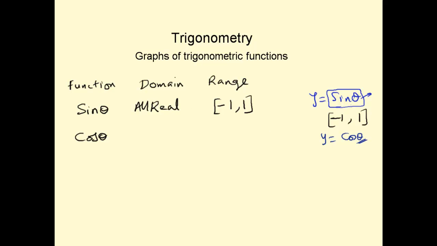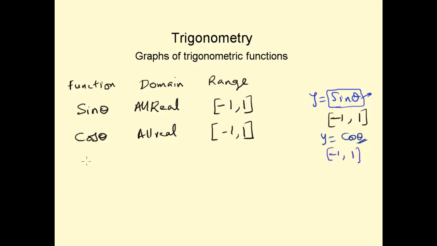That means the domain would be all real numbers for cos theta too. So it's all real. And what about the range? Just like sine theta, all the values of cos theta are between -1 and 1. So the range of cos theta would be -1 to 1.